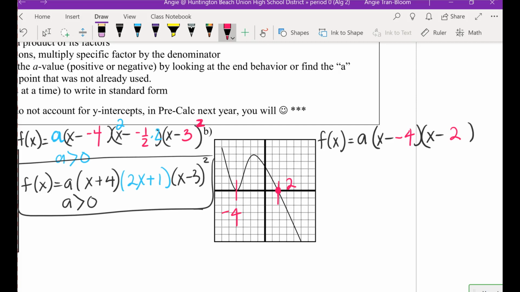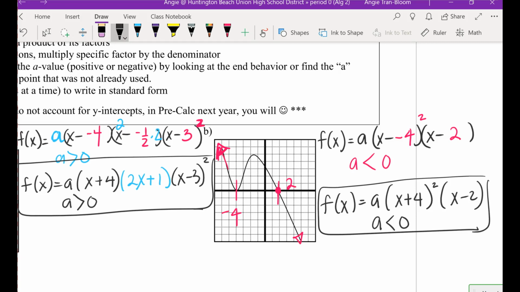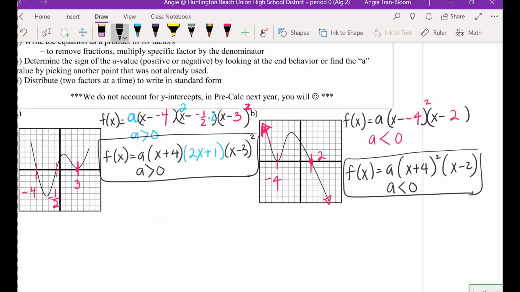No. Which one has an even power? The 4. You also have to tell me whether a is positive or negative. Negative. How do you know? The end behavior. Guys, is this an odd power? This goes up, this goes down. That means a is less than 0. Okay, let's make it pretty. f of x is a times x plus 4 to what power? 2 times x minus 2. And then you have to tell me a is less than 0 to say that a is negative. When will you learn what a is? Pre-calc. In pre-calc. What is a?